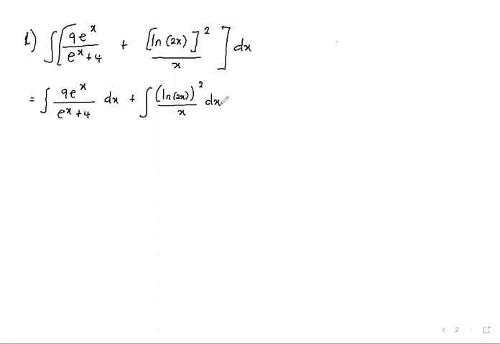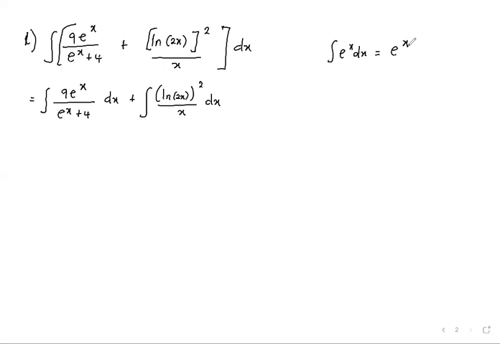Yesterday we said that the derivative of e to the power x is going to be e to the power x. I think I did mention it. So the integral of e to the power x is e to the power x itself.